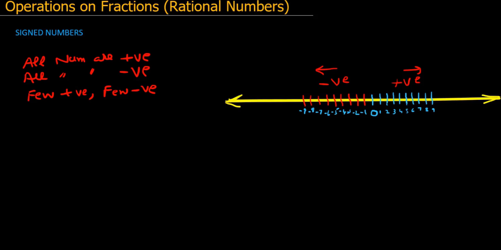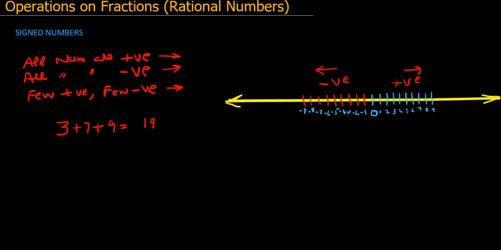And the beauty of algebra is that if you can handle all positive and all negative numbers, then you can handle when the numbers are positive and negative, because this third case is essentially the mixture of the first 2 cases. And I'm sure that you can handle all positive numbers. If I ask you to add 3 plus 7 plus 9, you can quickly add this, that this is 19. Very easy.